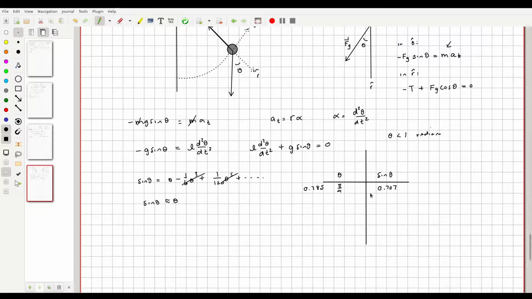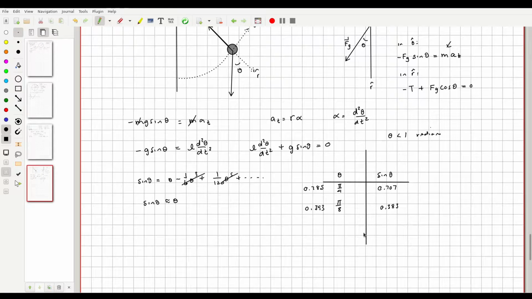So close, but not exact. But what about something like pi over 8? On the left-hand side, if you actually do that, it's 0.393. And if you do sine of pi over 8, you get 0.383. So it's pretty darn close.